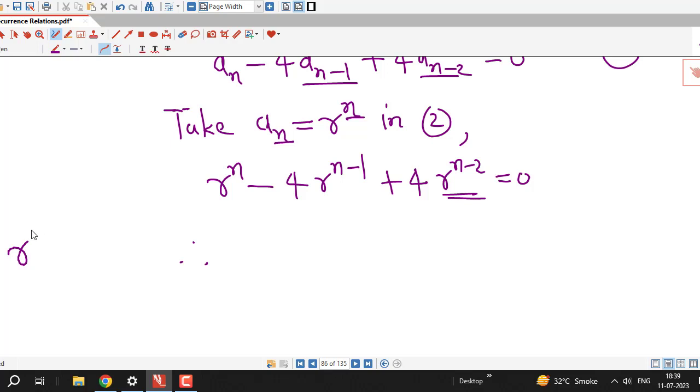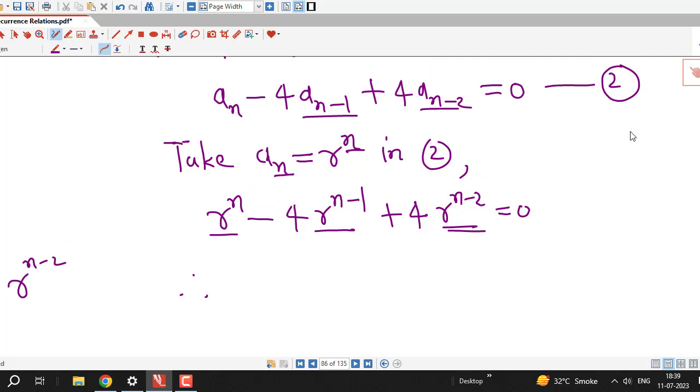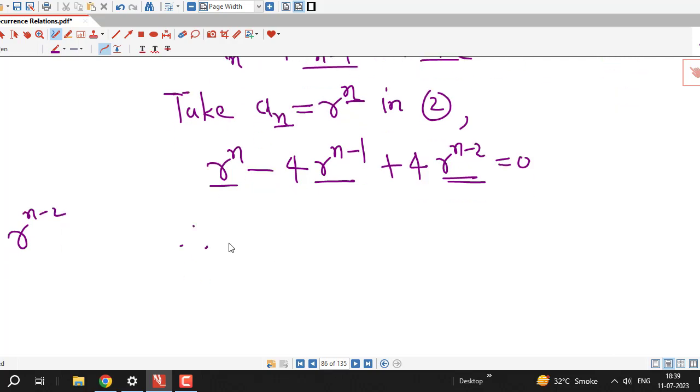Here r raised to n minus 2 is the lowest degree term, so we divide each term of this equation, which is obtained by taking a_n equal to r raised to n in equation 2, by r raised to n minus 2. If I divide r raised to n by r raised to n minus 2, I will have r raised to n minus n plus 2, so I will be left with r square.